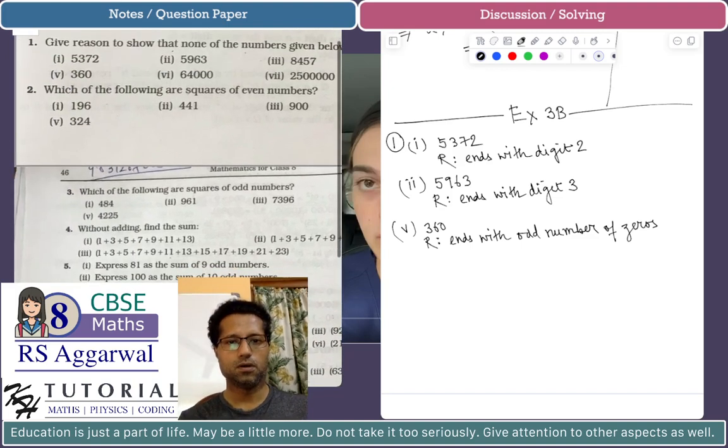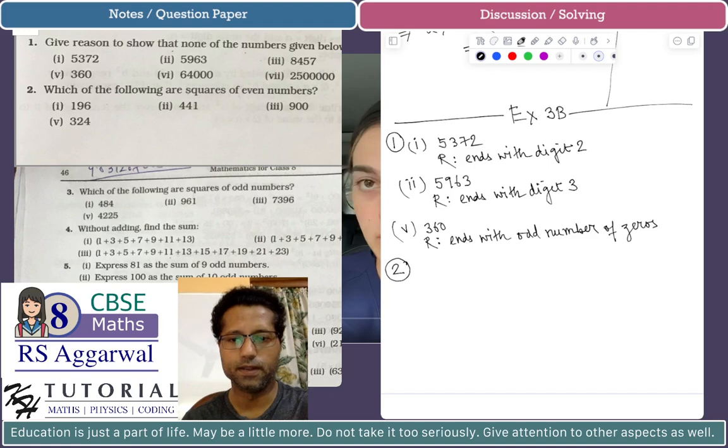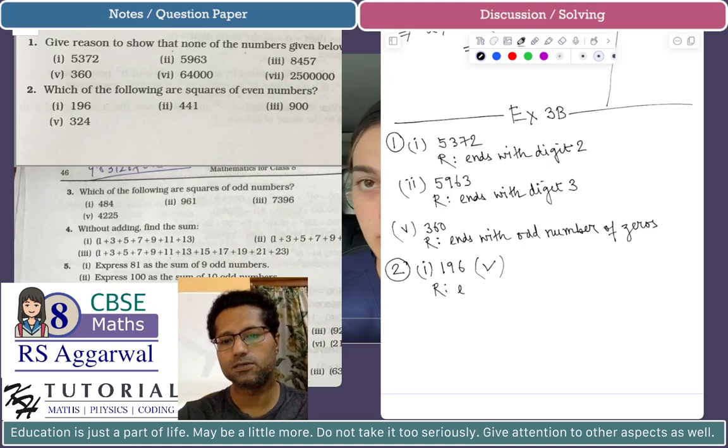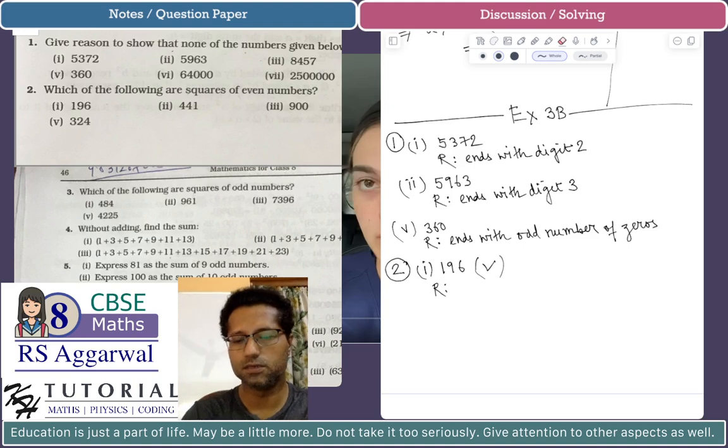Okay, let's do problem number 2. Which of the following are squares of even numbers? Is 196 a square of an even number? Yes, because the reason is it is given that all these numbers are square numbers.